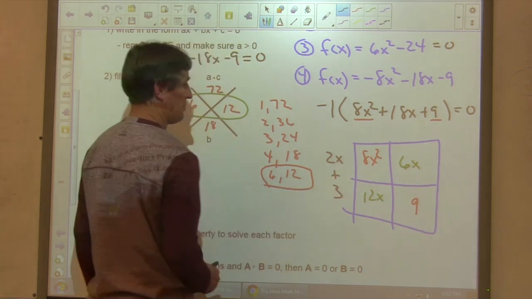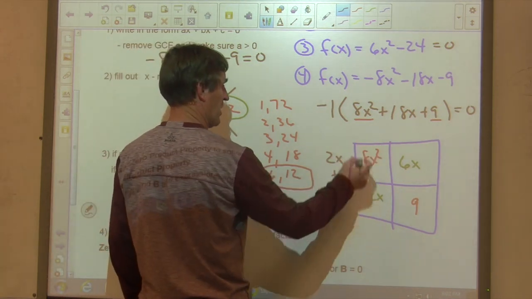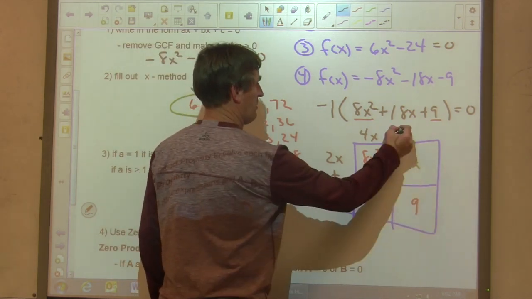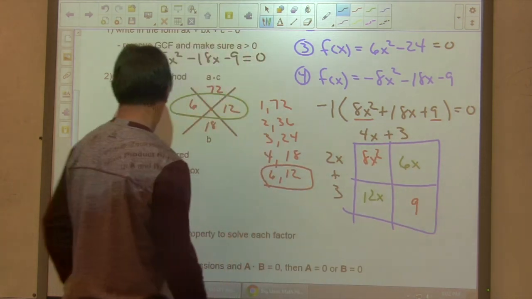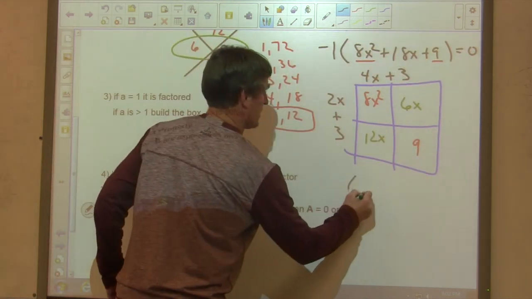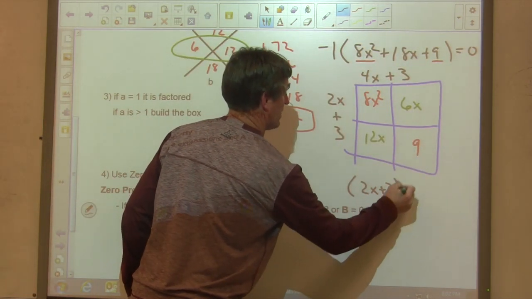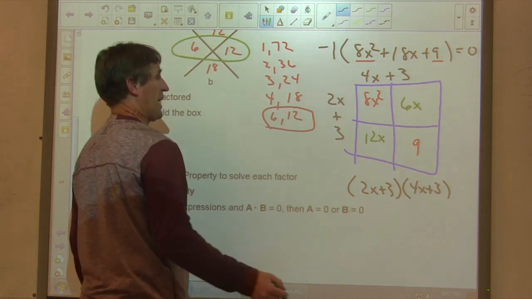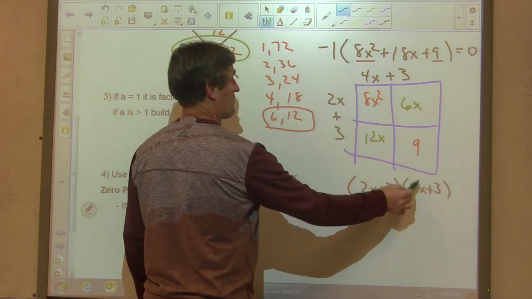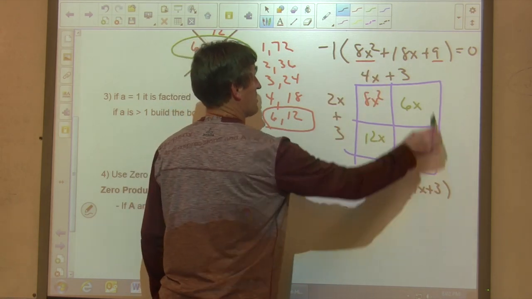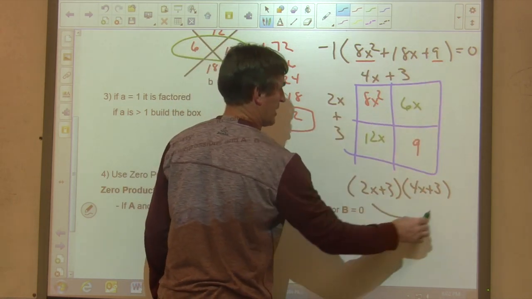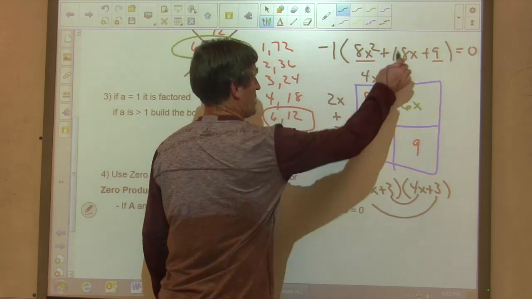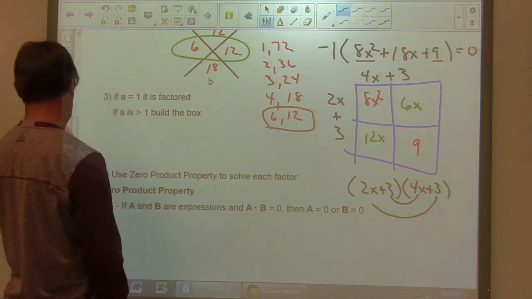First box is positive, so plus. 8 and 12 would be 4x, and 6 and 9 would be 3, positive. So we get 2x plus 3 and 4x plus 3. Again, just check it. 2 times x times 4x is 8x squared. 3 times 3 is 9. Then we get 6 and 12, which gives us 18. So we know we're right.